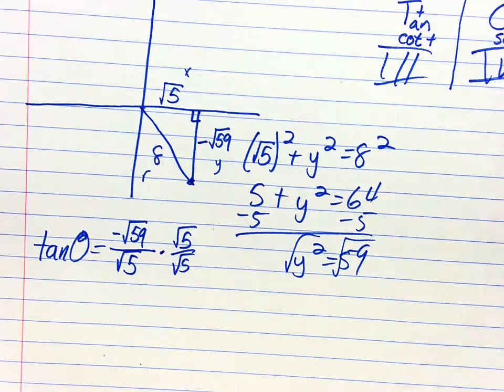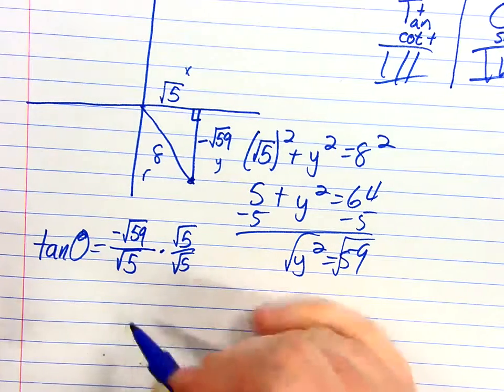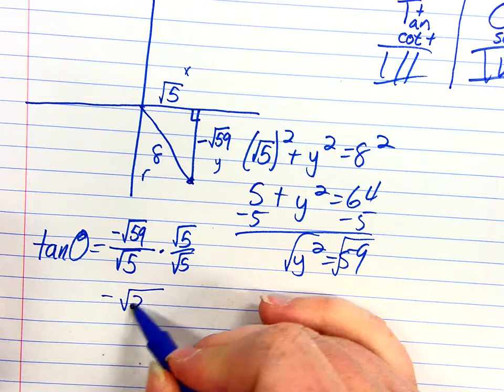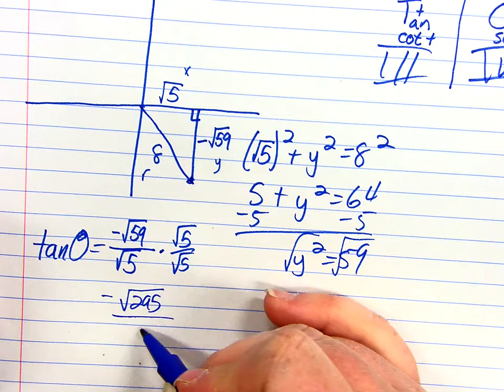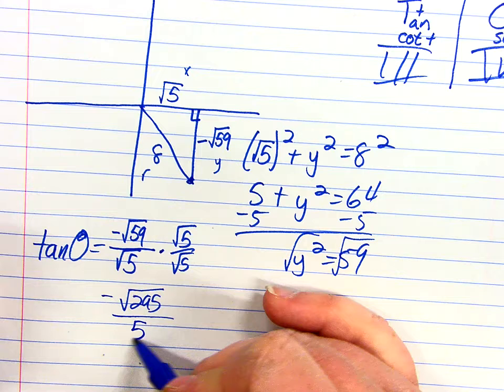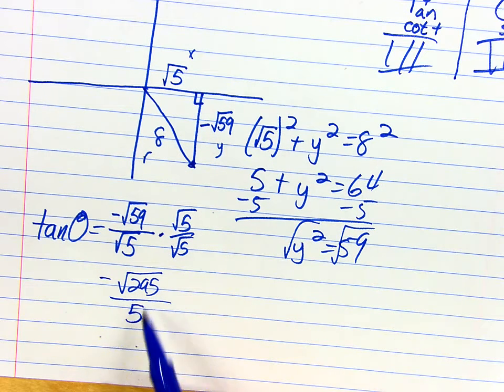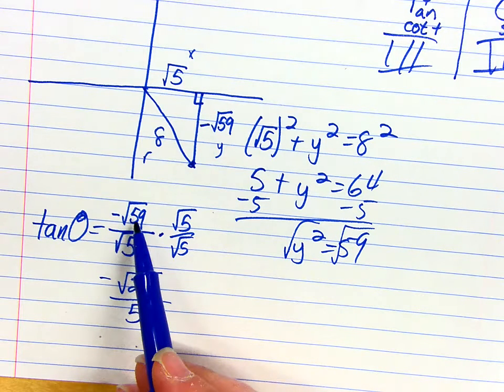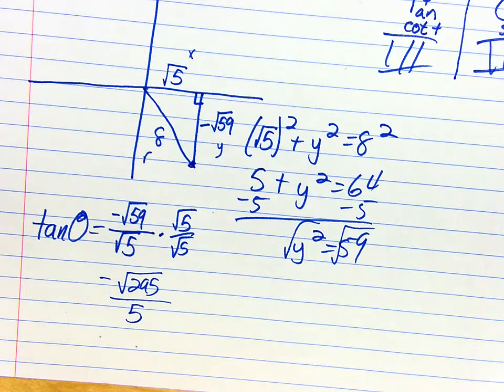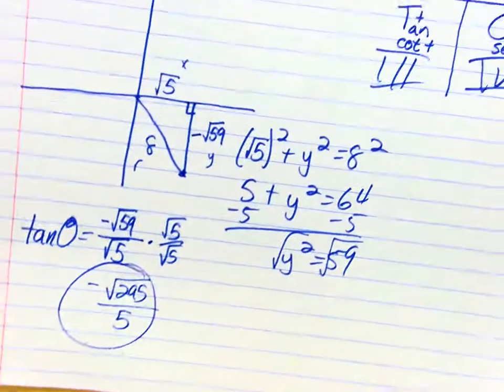So I don't know what 59 times 5 is, but I get negative square root of 295 over 5. Can that be simplified? I actually know that it can't, because if 59 can't and 5 can't, then their product can't. So I'm done. There's my tangent.